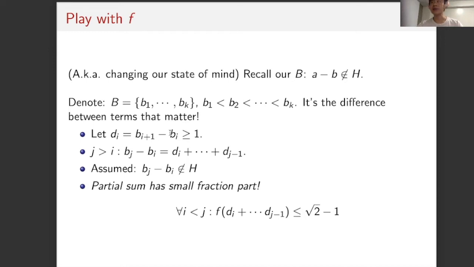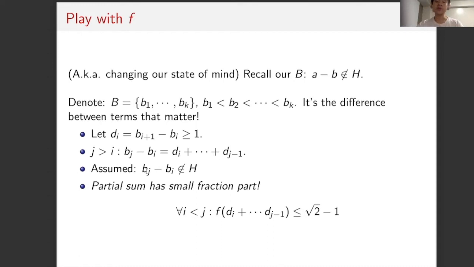And why is this attractive? Because if we want to consider things like b sub j minus b sub i, where the gap is more than 1, it turns out that the difference can be written as the sum of the consecutive d's. So d sub i plus d sub i plus 1 all the way to d sub j minus 1.